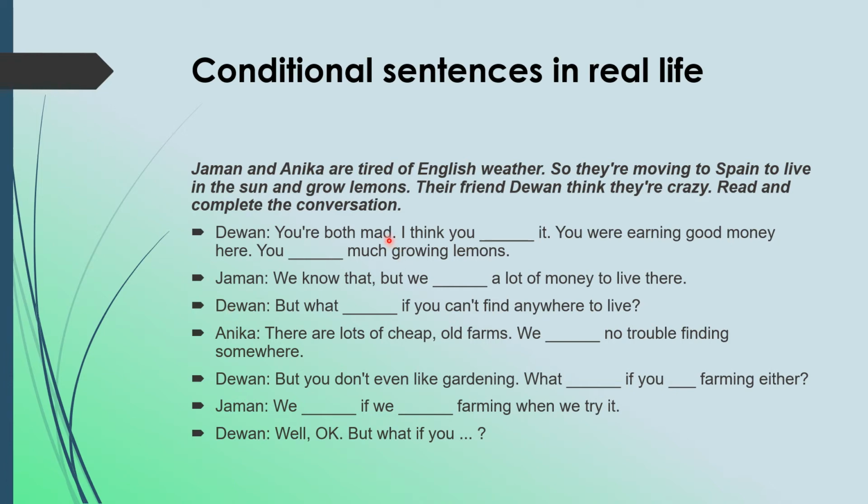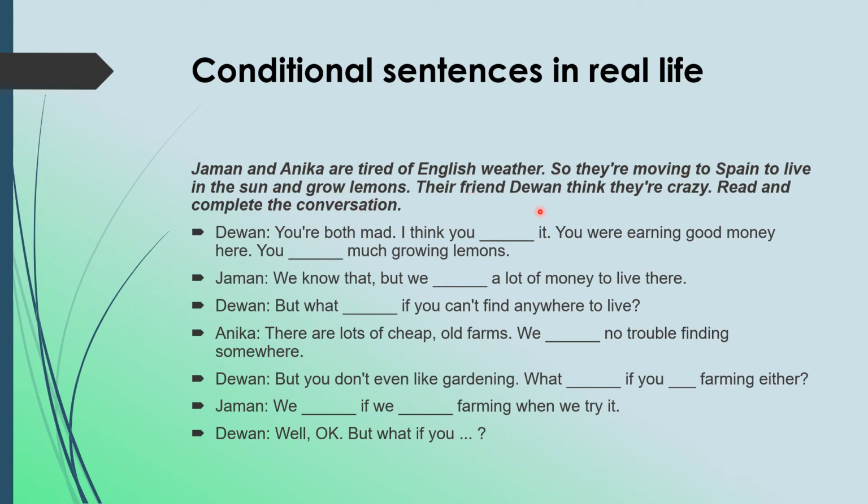Now the first thing is that you need to understand the context. The context is Jaman and Anika are tired of English weather. So that means they are in England, and in England you are talking about English weather. So they are tired. That means they want to move. So they are moving to Spain to live in the sun and grow lemons. So that means English weather is very different to Spanish weather, and so they are moving.